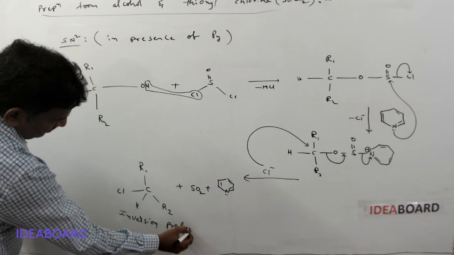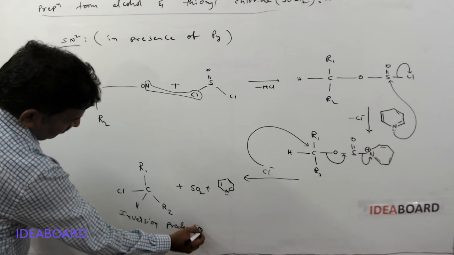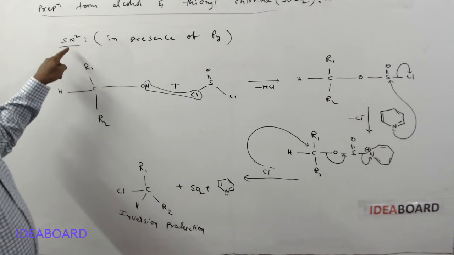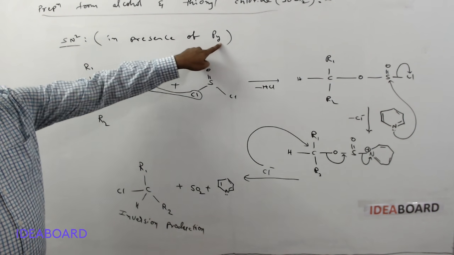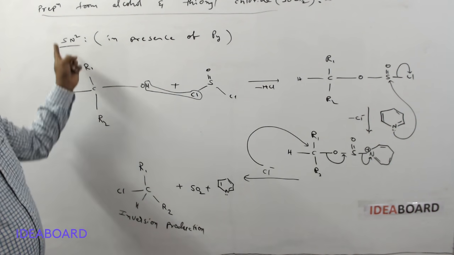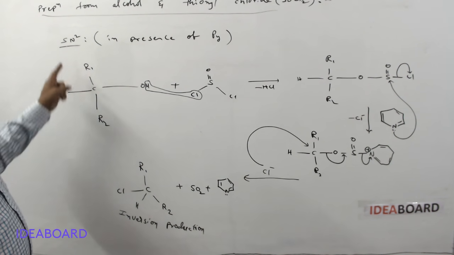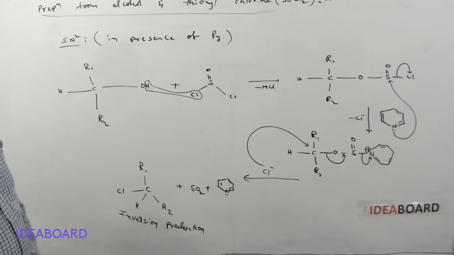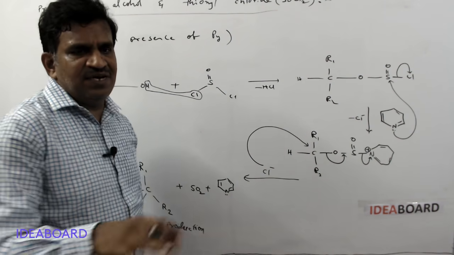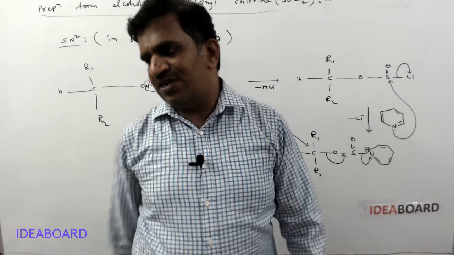Whereas in the SNi reaction, we already saw that it is a retention product. So in the presence of pyridine, the SN2 mechanism occurs and an inversion product is formed, whereas in the absence of pyridine, the SNi mechanism occurs and a retention product is formed.